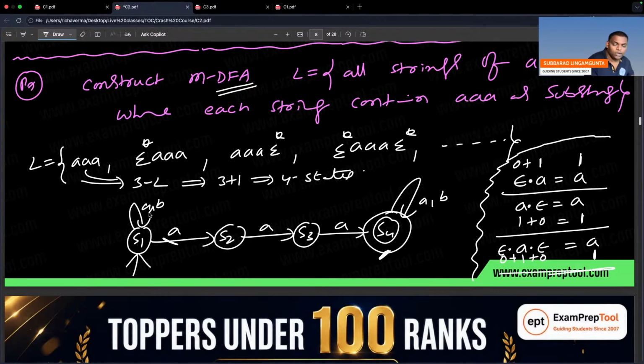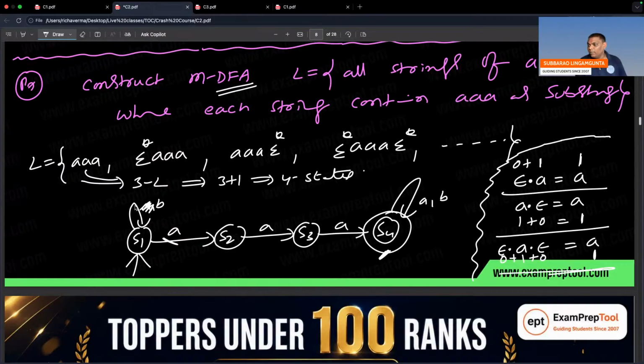Already A is there, so don't write A. On S1, please write B. Otherwise it will become an NFA, because on S1, A has two behaviors. That is also correct, but it is an NFA. Please be careful. So S1 with B is covered.